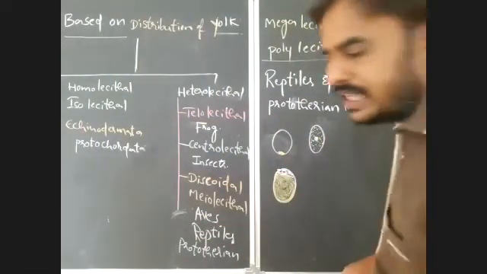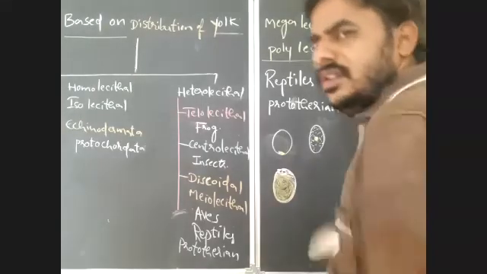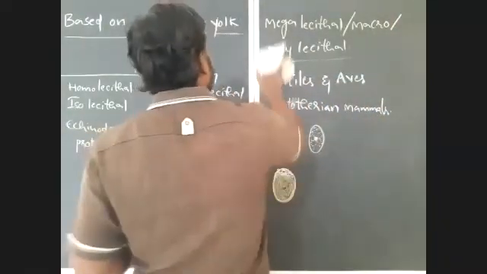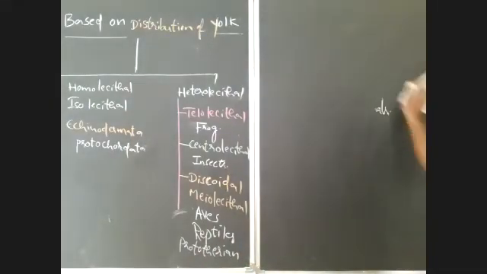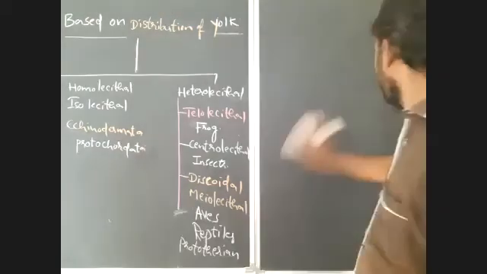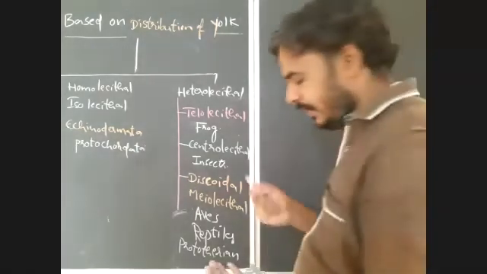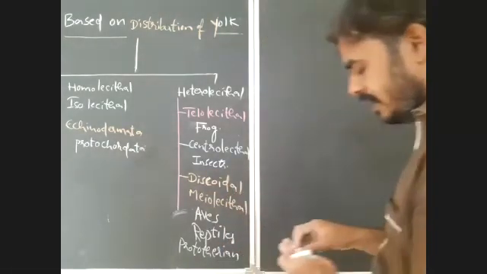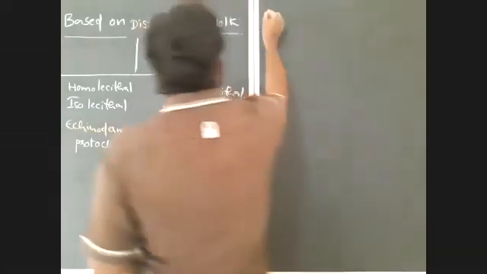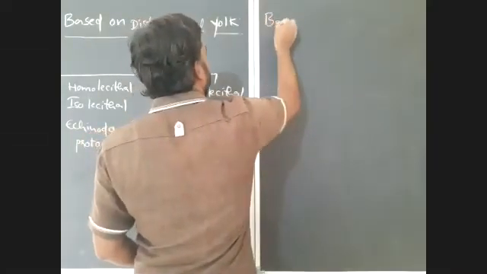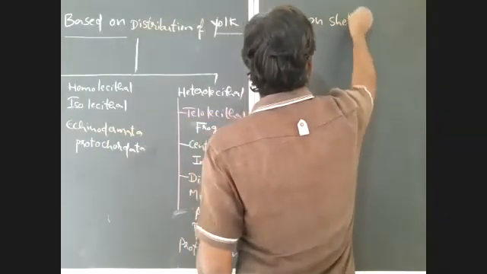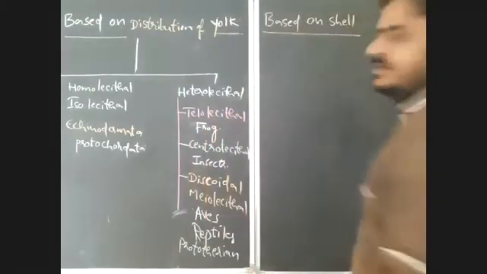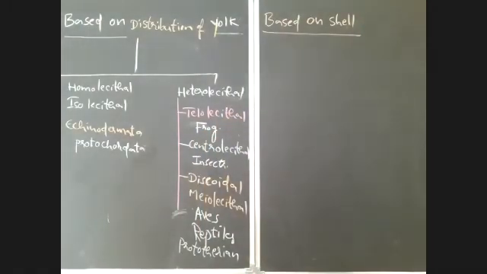Now the third type of classification of eggs, that is based on the presence or absence of shell. Based on the shell, what are the types of eggs that we have to notice here?